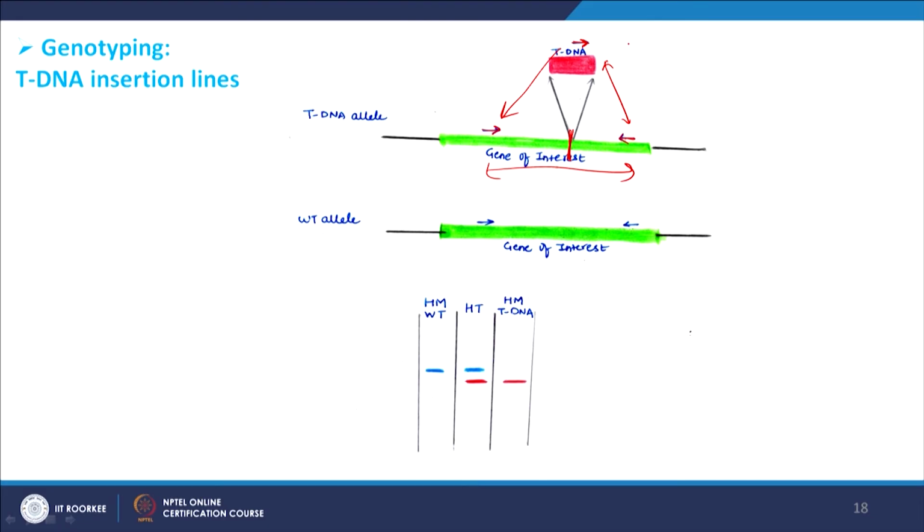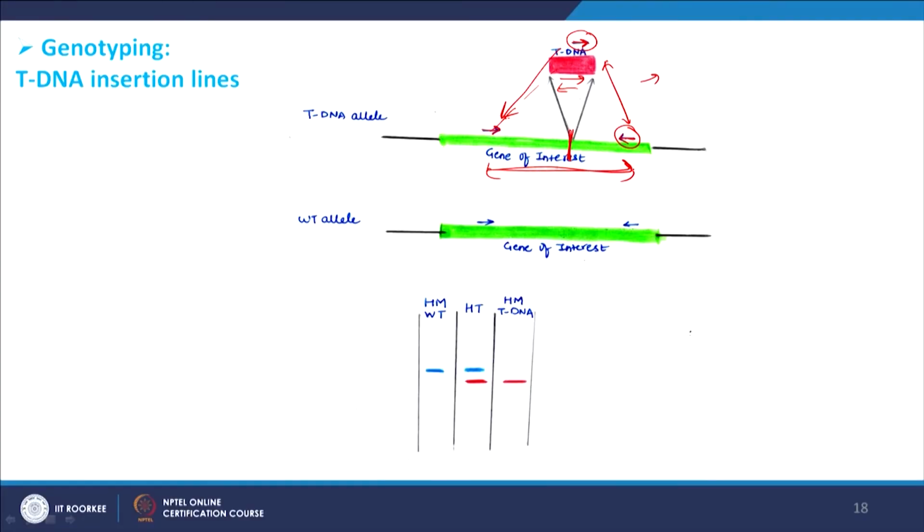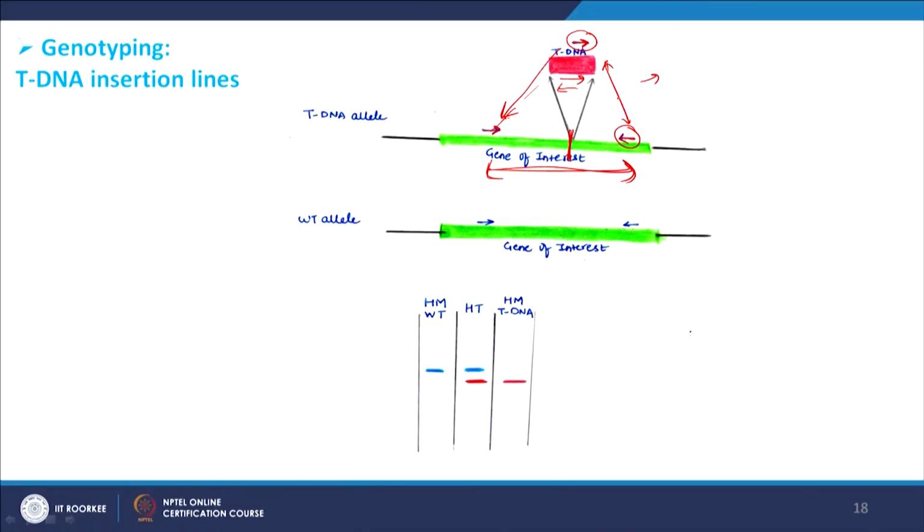If the tDNA is inserted in this orientation, you would use this primer with this to have amplification. If it is in the opposite orientation, then your primer position will change, and you would check with this. But what is important is that you will get this band only if your genomic copy is wild type and there is no insertion, and you will get this band only if there is a tDNA insertion; you will not get it on the wild type genome.